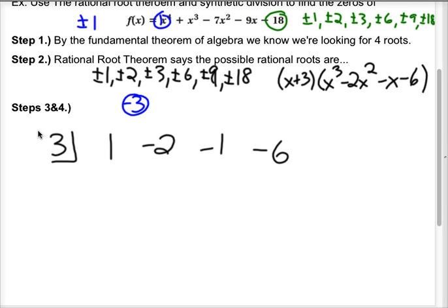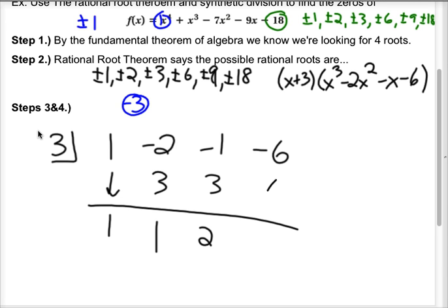to use synthetic division on this now. Pull down the 1, multiply by 3. Now I can add, multiply by 3. Add, multiply by 3. Add, and once again, it is a true root.